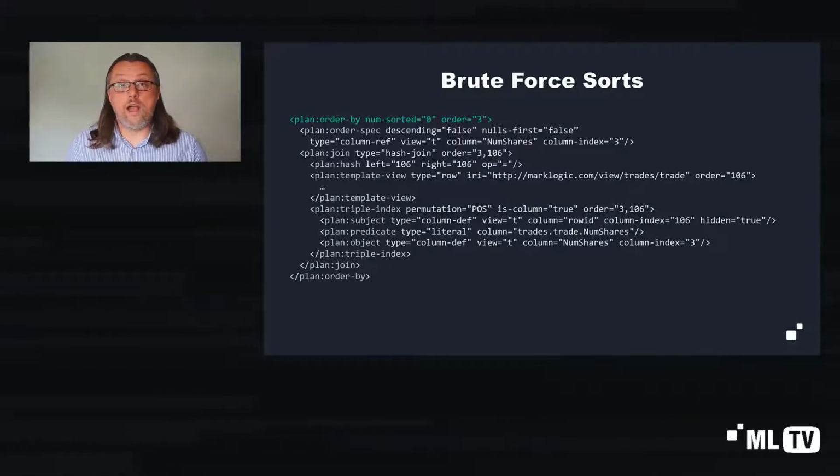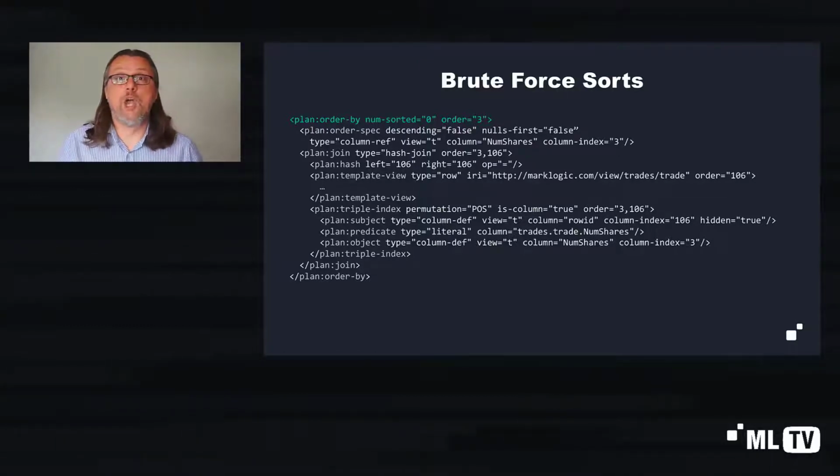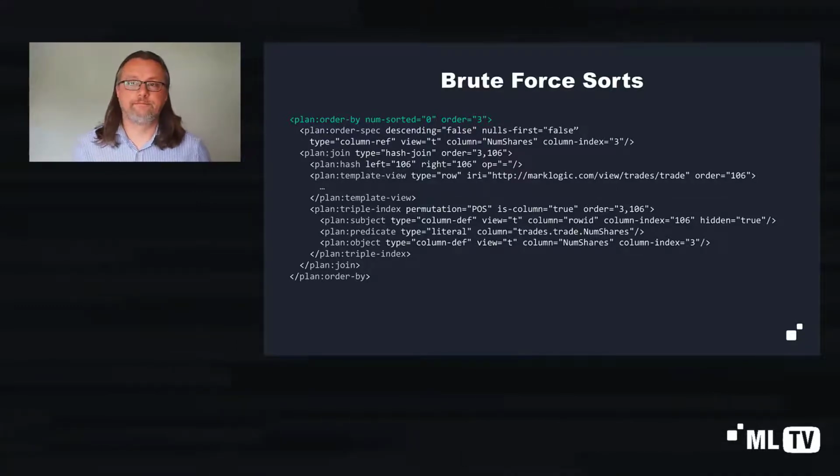Don't forget as well that sorts happen in other places, not just with an order by. They might be happening with a sort group algorithm. They might also be happening with the merge sort algorithms. They might also be happening with the merge sort join algorithms as well.